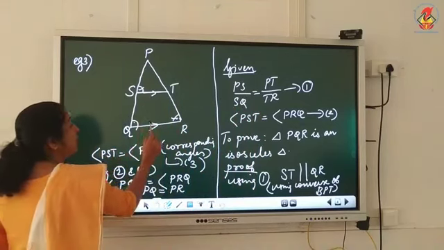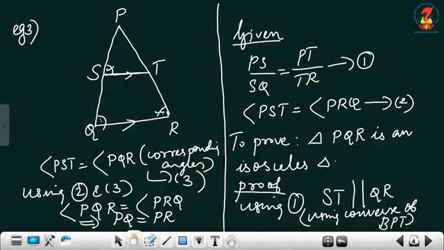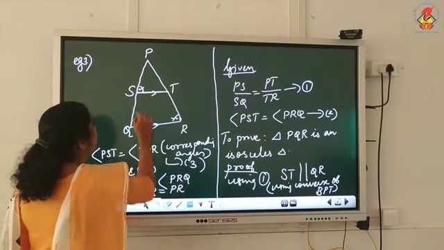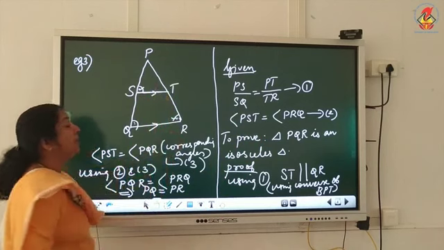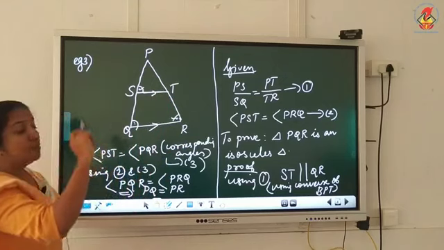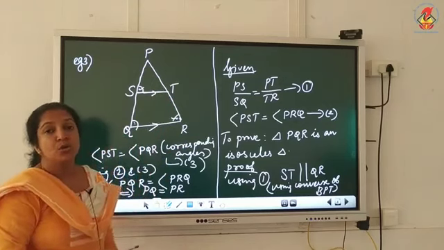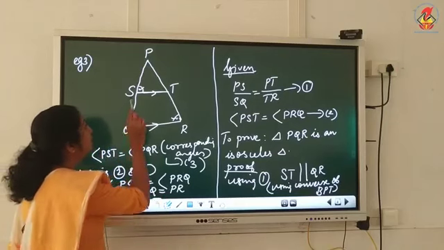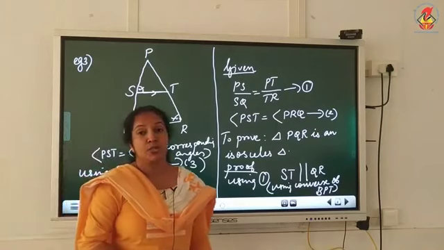If these two are parallel, angle PST is equal to angle PQR using corresponding angles. And mark this as 3. From 2 and 3, we can conclude that angle PQR is equal to angle PRQ. If these two angles are equal, the sides opposite to these two angles are also equal, that is PQ is equal to PR. So, we can conclude that PQR is an isosceles triangle.